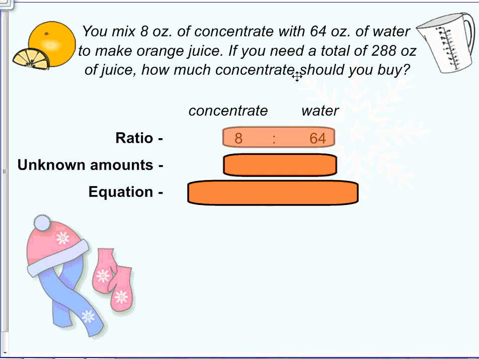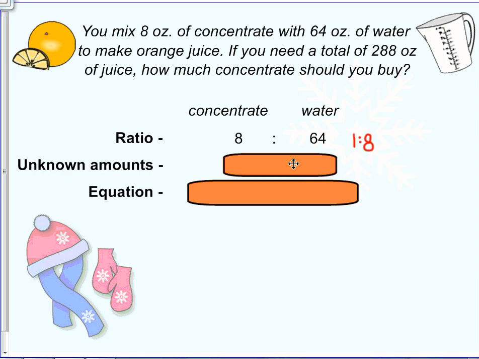The ratio would be 8 to 64, okay? 8 to 64. If you want to reduce that, you are more than welcome to. I know 8 to 64 can be reduced to 1 to 8. And that is definitely an option in this particular problem, because it's a ratio. It's just like a fraction. You can reduce it.